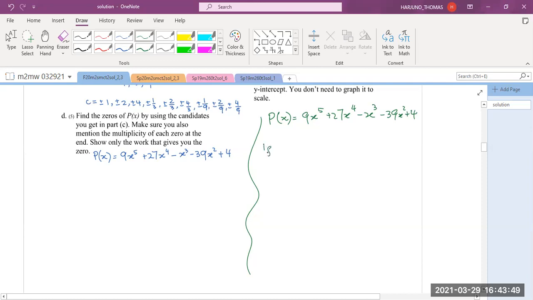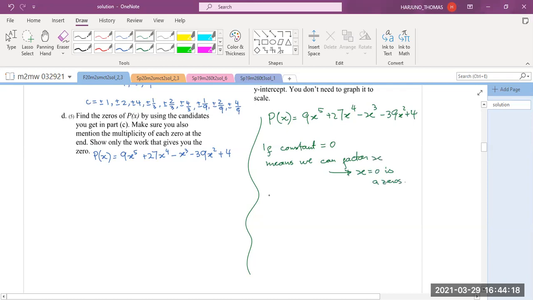If the constant is 0, means we can factor x, right? Which means x equals 0 is a 0. You see what I mean? Then we can use that to reduce our polynomial to a lower degree.